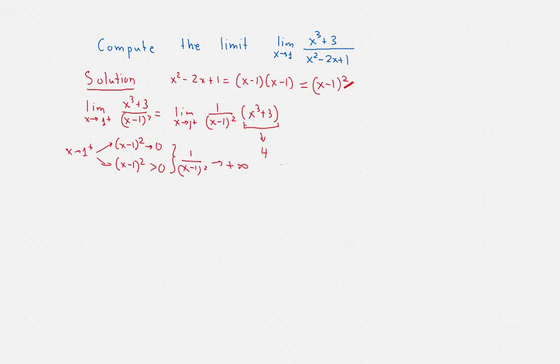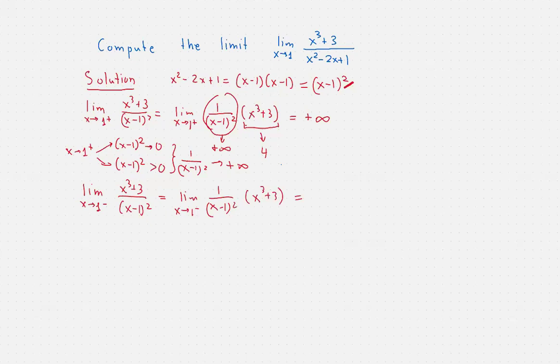The interesting thing is that if we try to do this from the left, it's identically the same thing because of the square. So we would get the limit as x tends to 1 from the left of 1 over x minus 1 squared times x cubed plus 3. And it's exactly the same story, which is justified exactly the same way.